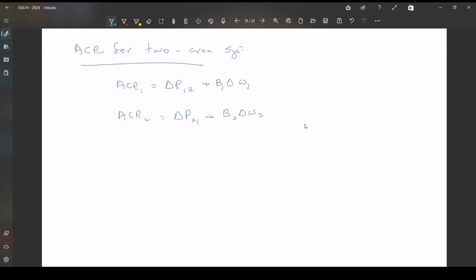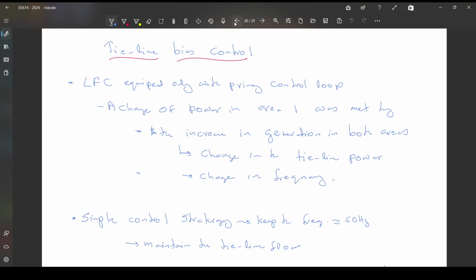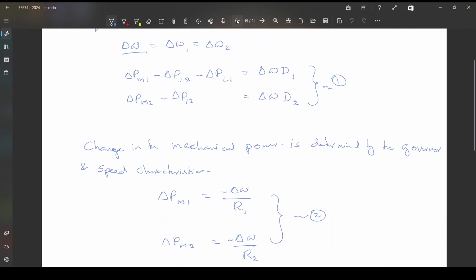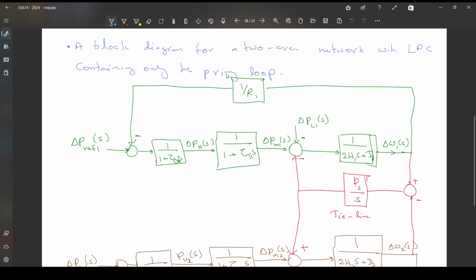Okay, so now with incorporating the area control error, we can derive the block diagram, right? I will try to get the block diagram that I have drawn earlier and try to modify it.